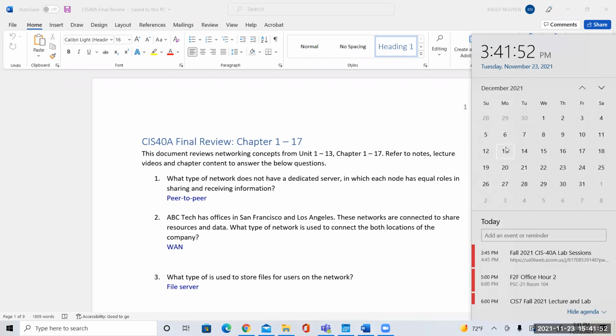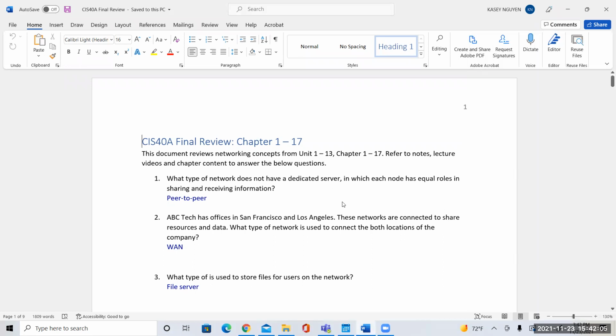And for this class, you have until the 16th to finish. So at 11:59 on December 16th, it's going to close. So make sure that we get all the stuff in before then. And any late work needs to be in by the 5th.